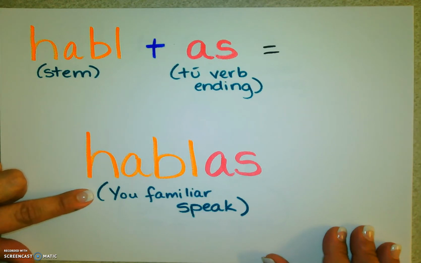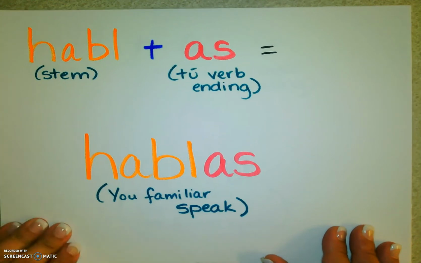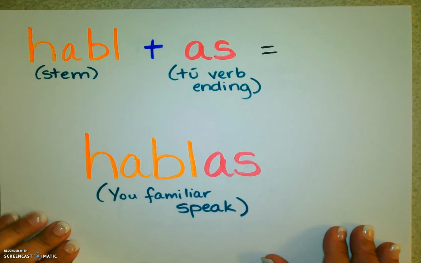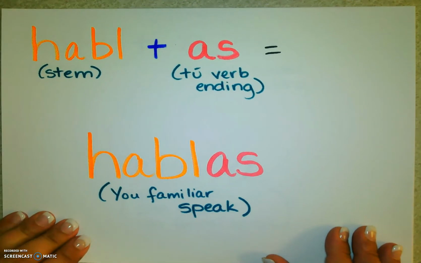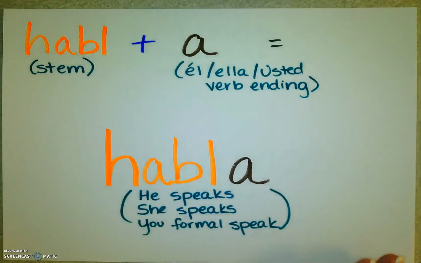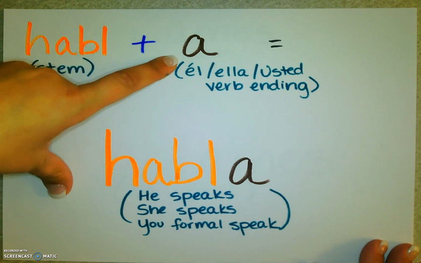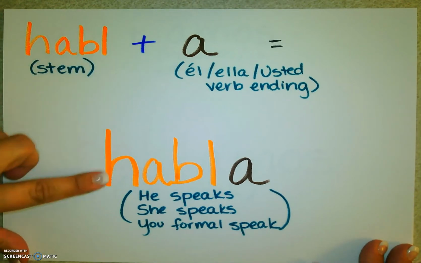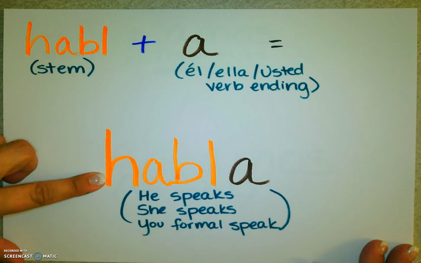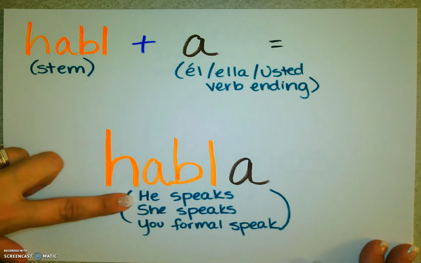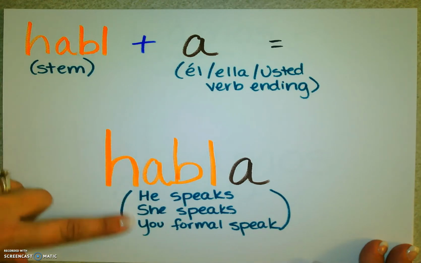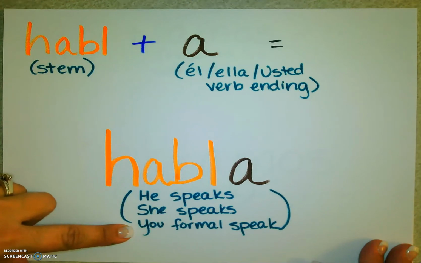So in this situation, you would be speaking to a friend, someone younger than you, a family member, or someone similarly aged to you. Habl plus a gives us habla. He speaks, she speaks, or you formal speak.